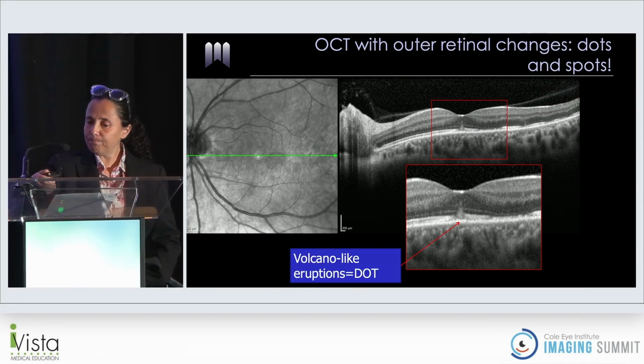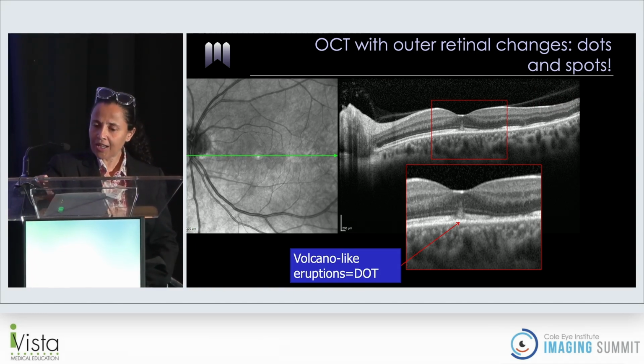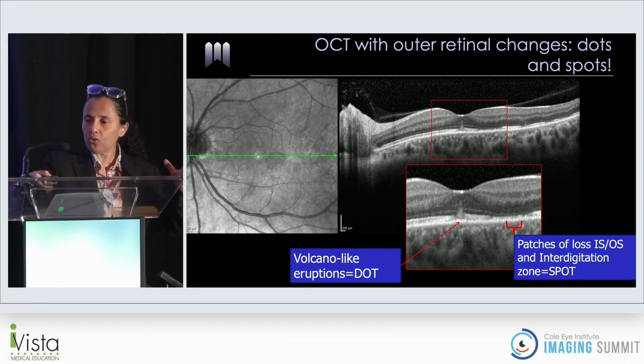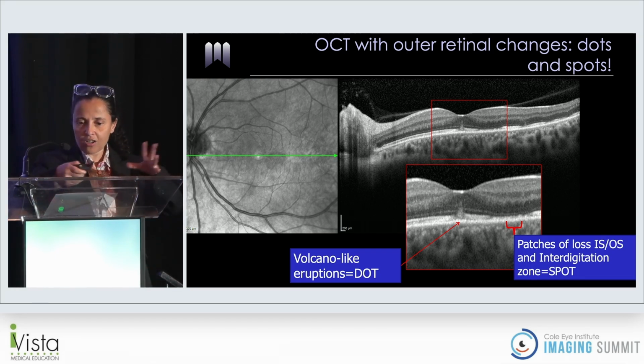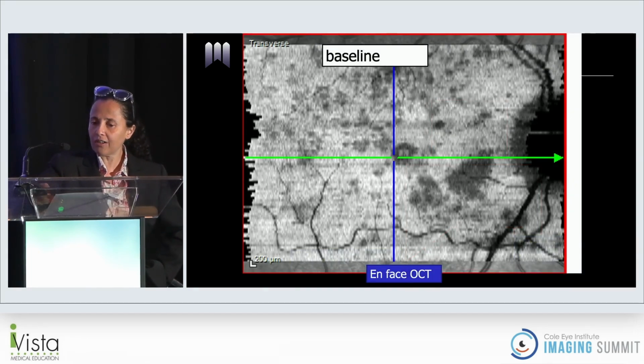But I contend that if you look at the OCT, it really reveals the lesion. So you have the dots, which are these volcano-like eruptions at the level of the photoreceptors, and then the spots, which are zones of photoreceptor loss that cause the bigger lesions on autofluorescence.